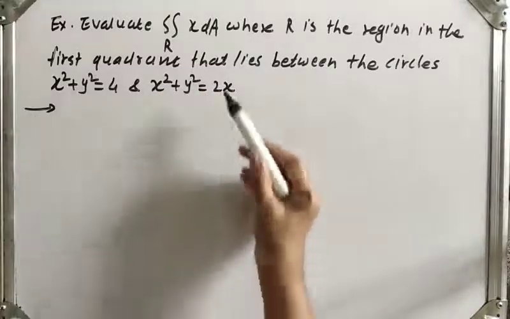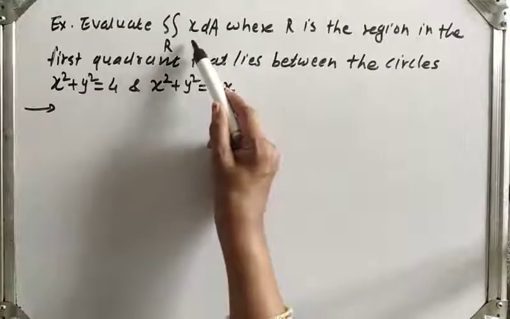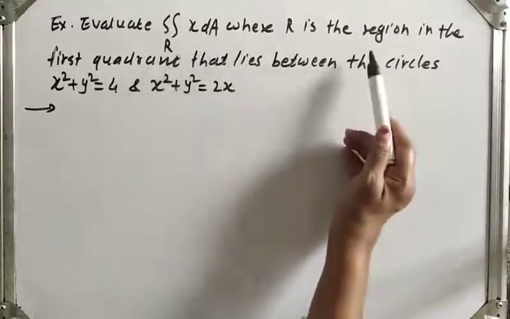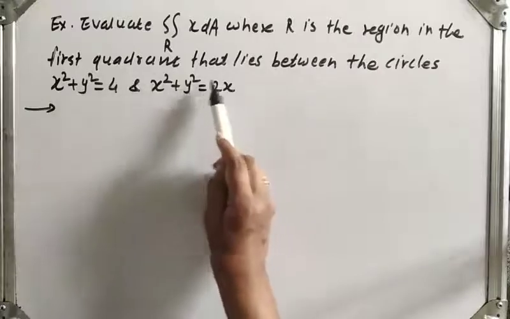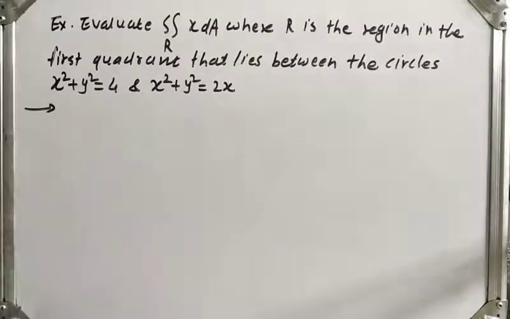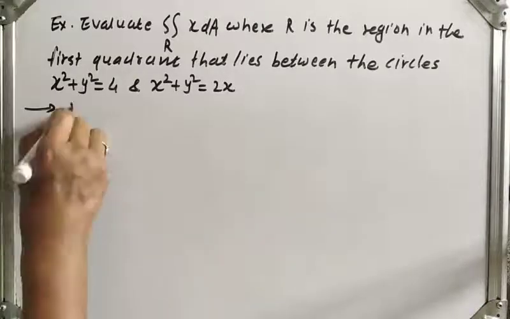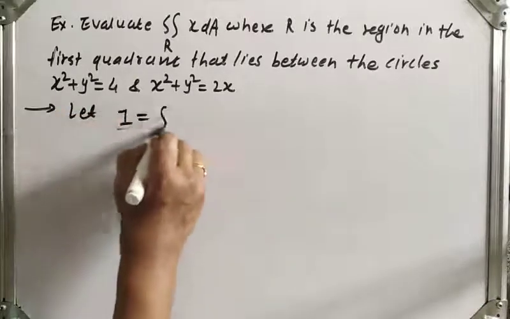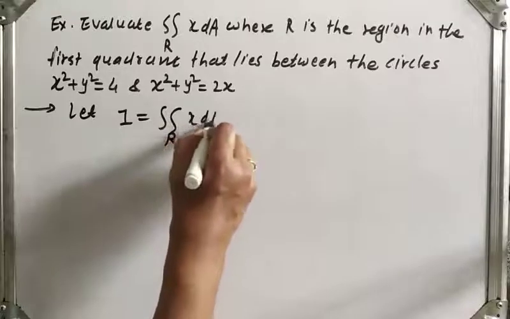So we have to integrate x dA. What is region R? It is the first quadrant, between these two circles. Now let I be the double integral over R of x dA.